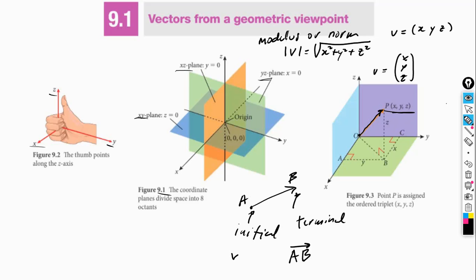Now notice that if we take into account this triangle that you see here, this would be the base of the triangle, and this would be the height, as you can see, z. So from Pythagoras, we know that the length of OP squared is equal to OB squared plus BP squared.